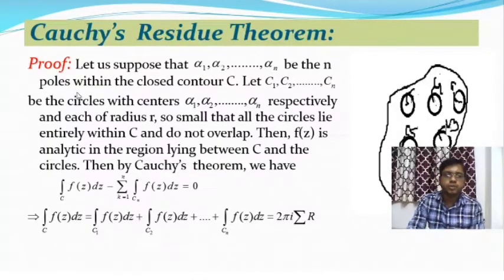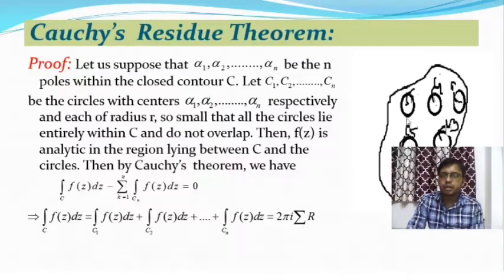Now we are going to talk about the proof of the residue theorem. So here is the proof. Let us suppose that alpha 1, alpha 2 and up to alpha n are the poles, and these poles are within the circle C. Okay, and here is the picture where C is any closed contour.